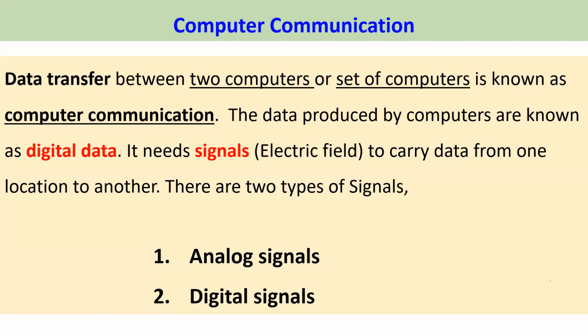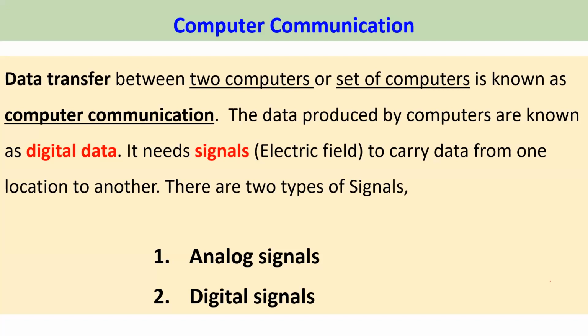Sound signals. Sound signals are capable of going through air. That's a feature of sound signals. But digital signals are not capable of going through air.